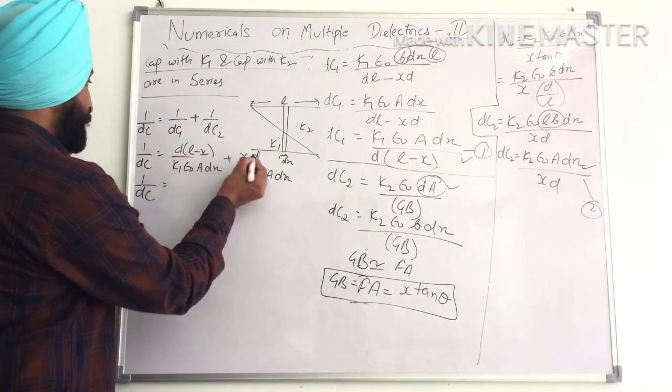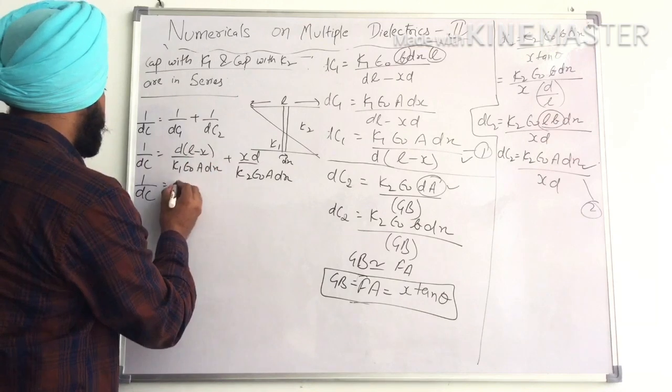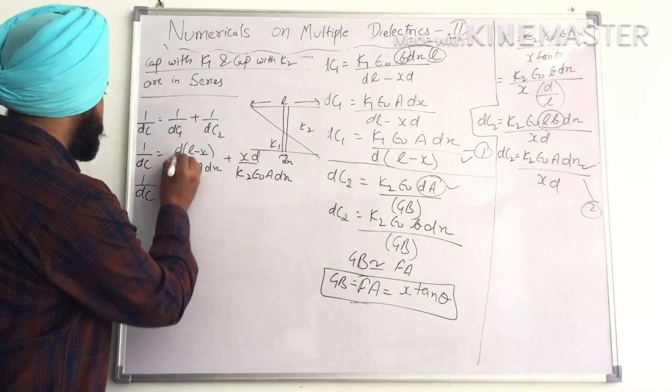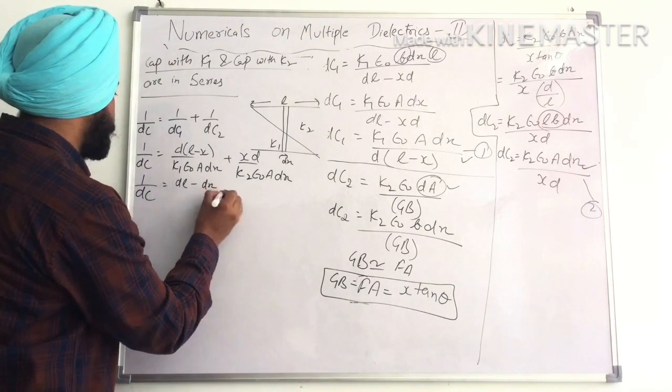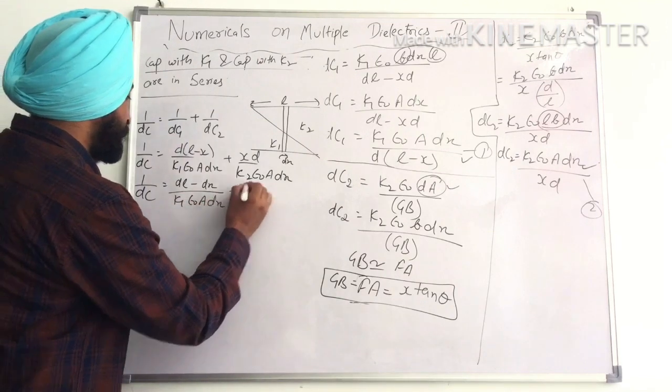So now we just need to do some simplification of the equation. See, from here we can take some values as common. See, this will be equal to dl minus dx over K1 epsilon naught A dx.